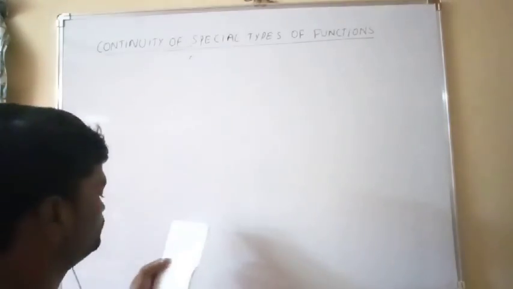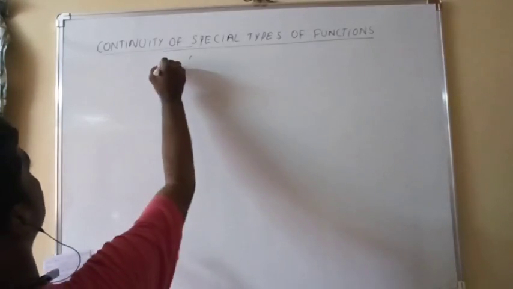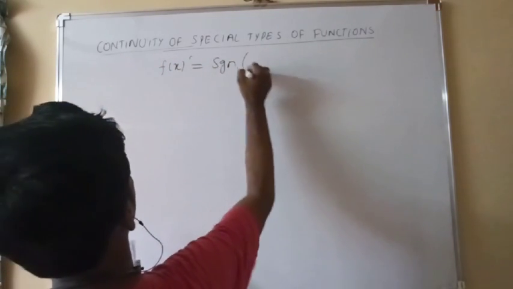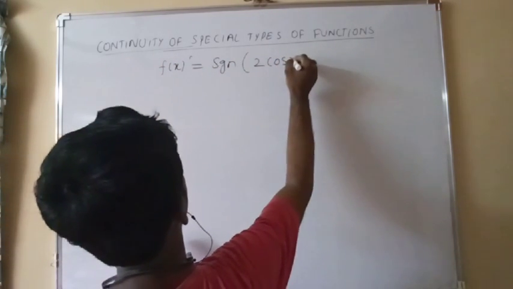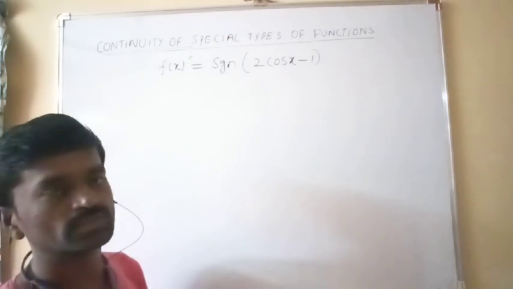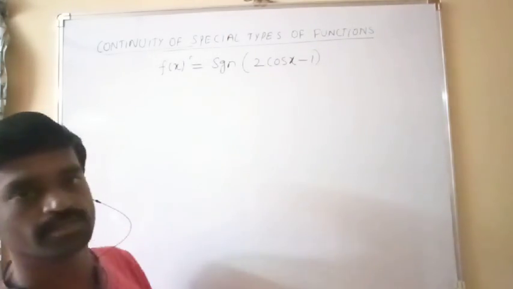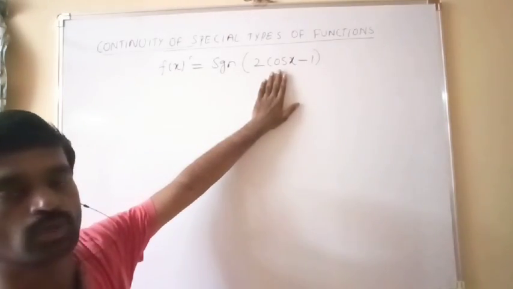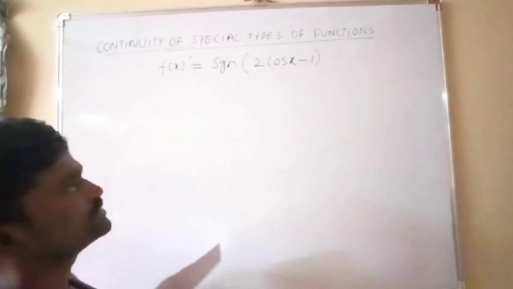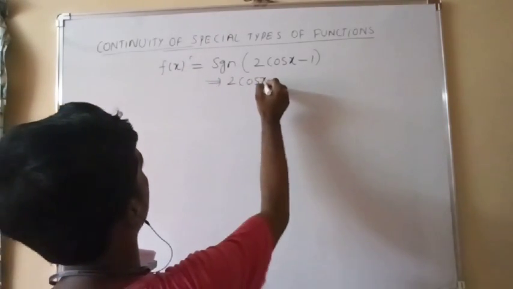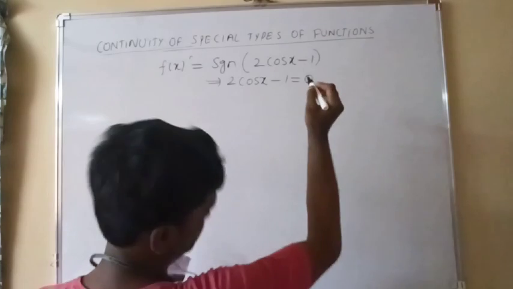Find the points of discontinuity of signum of 2 cos x minus 1. Here g of x is 2 cos x minus 1. This function is discontinuous when 2 cos x minus 1 is equal to 0.